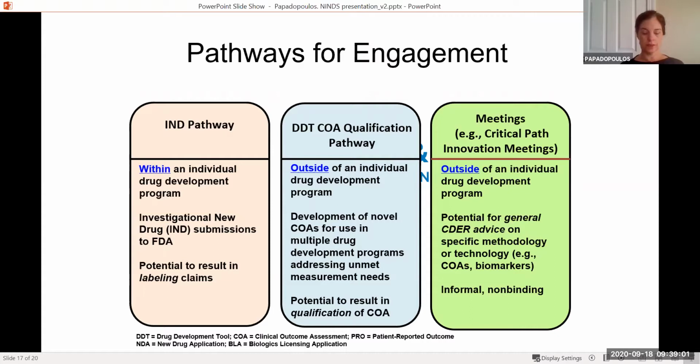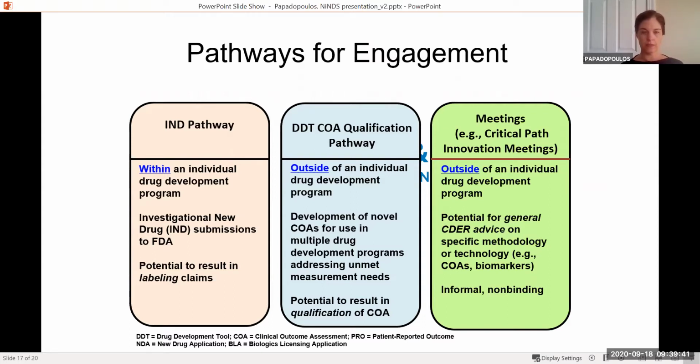First, of course, CDER routinely provides advice within individual drug development programs. And we encourage drug companies to begin discussions about their COAs as early as possible in drug development, including in the pre-IND stage, to ensure there's enough time for the COA development and selection before the phase 3 clinical studies.